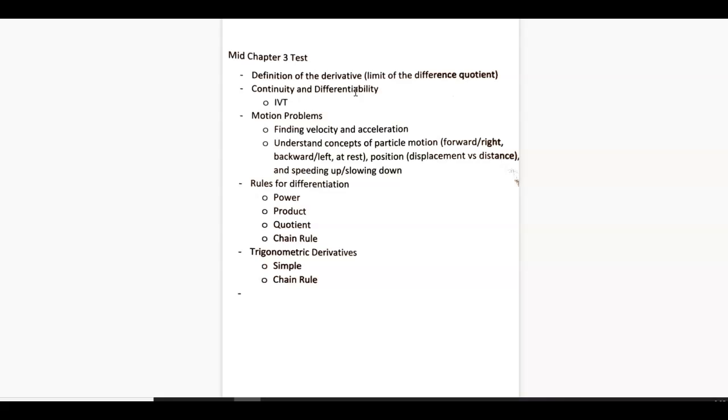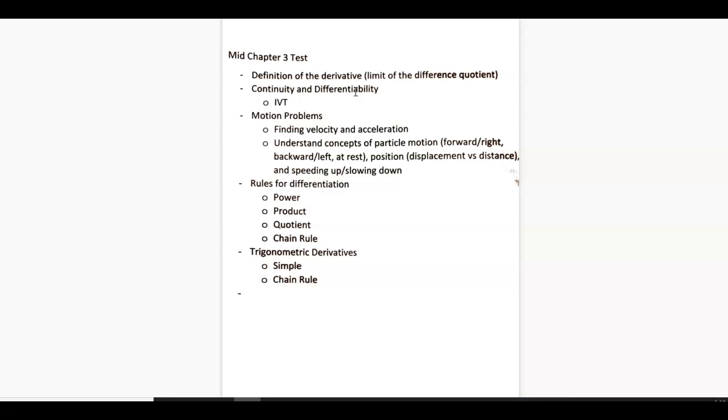You know your power, product, quotient, and chain rule. You understand trig derivatives and basic trig values at unit circles. And then you can also find implicit differentiation problems.